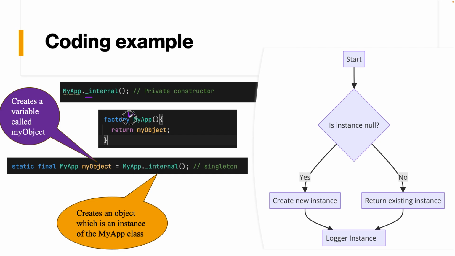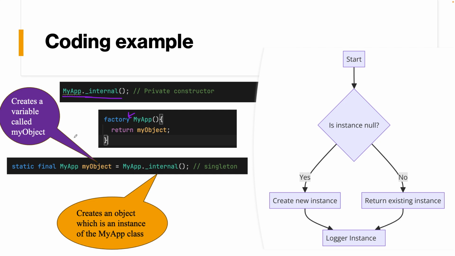The factory keyword returns an existing one. If an existing one doesn't exist, then it creates an instance of the class, meaning this class here. So as you can see more clearly, it creates an object which is an instance of my class.